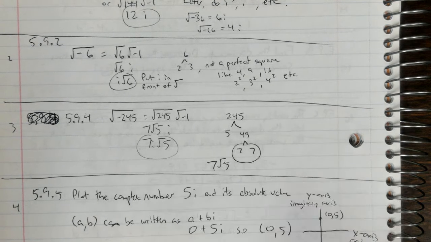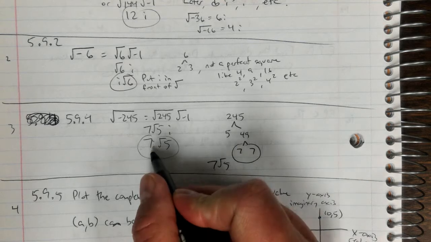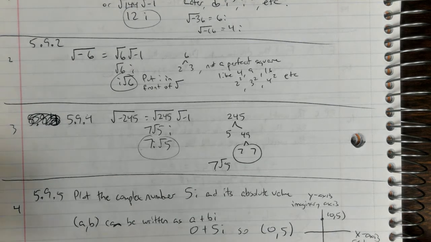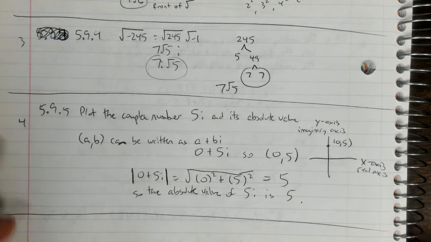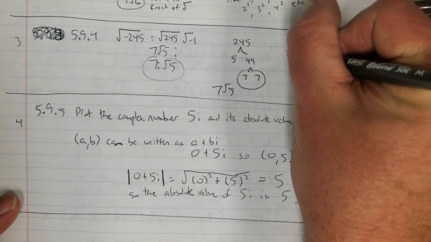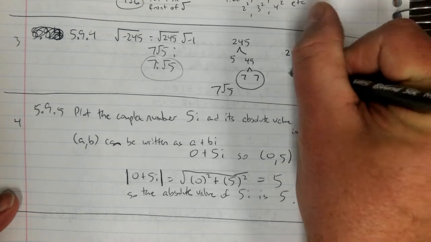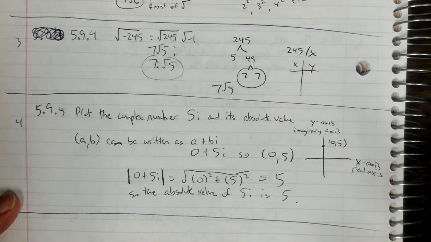So that's 7 square root of 5. So that means your answer is 7i square root of 5. Again, if you really needed to, you could have said 245 divided by x and then looked in your table, and you know that's where it would have been 5 times 49.